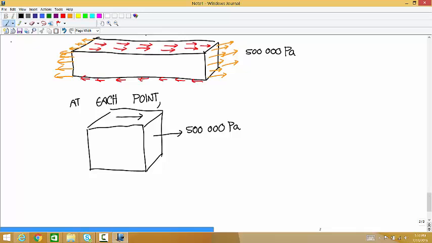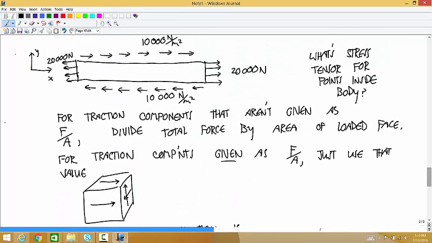Shoot, I have to go back and change this picture a little. I missed the fact that for this to meet the requirements of a stress tensor, these tractions along the top and bottom have to have equivalent tractions here and here. Right?